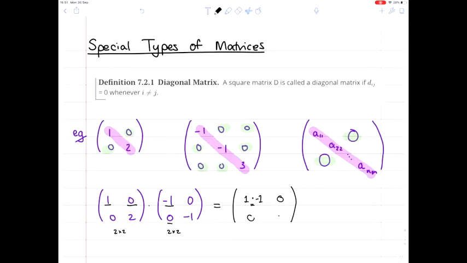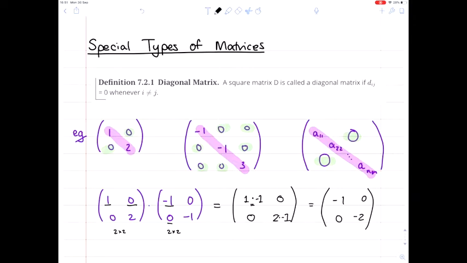You'll find that the two off-diagonal entries are 0, and then finally for our last entry you have 2 times minus 1. So this will just give us minus 1, 0, 0, minus 2.